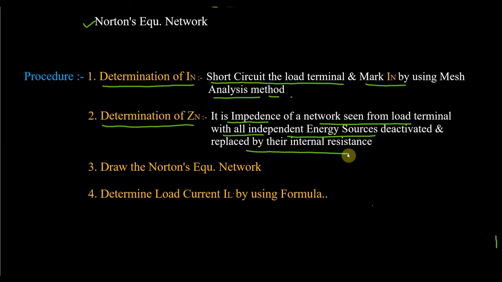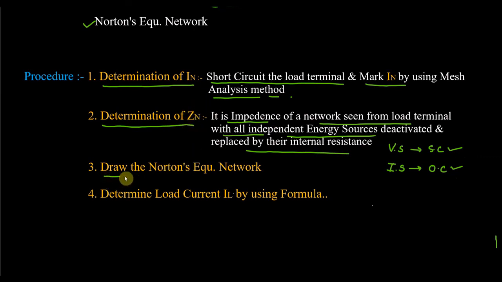We have to replace the voltage source by a short circuit, and if it is a current source, then replace that current source by an open circuit. By doing this, you are deactivating that independent energy source, and then by simple series and parallel connection you can find out the value of Zn. That we will see in the numerical.